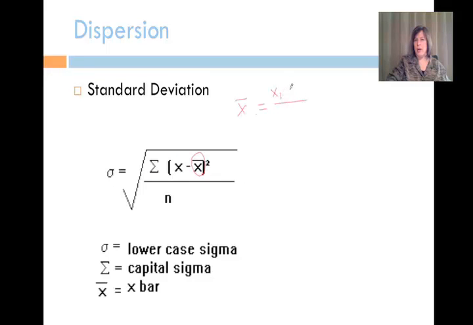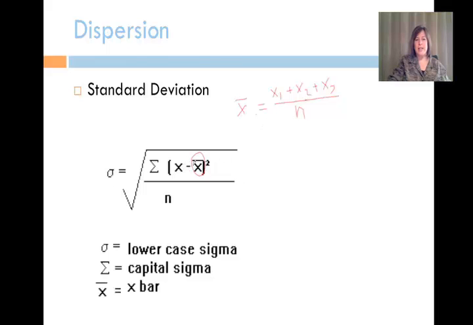So x1 plus x2 plus x3 and dividing by the number of values, which is n. That is the sample size, n. So the way to figure out standard deviation, you first have to figure out the mean for the variable.